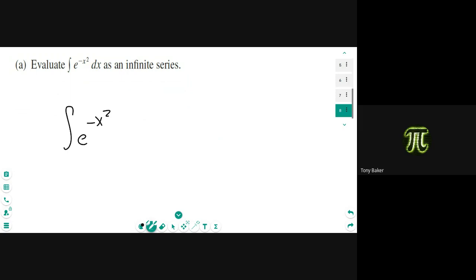So how'd you do it? No, how'd you do it? What's the method called? U substitution. All right. So you said u was negative x squared, right? Okay. So what's du? Negative 2x dx, right? Okay.